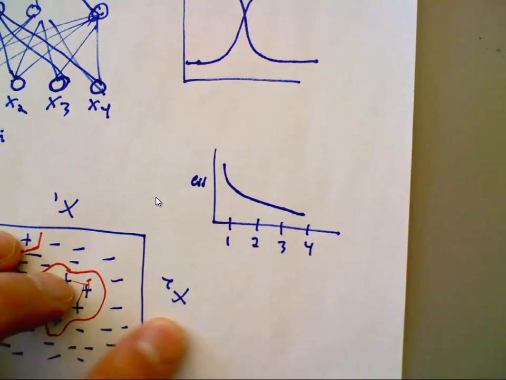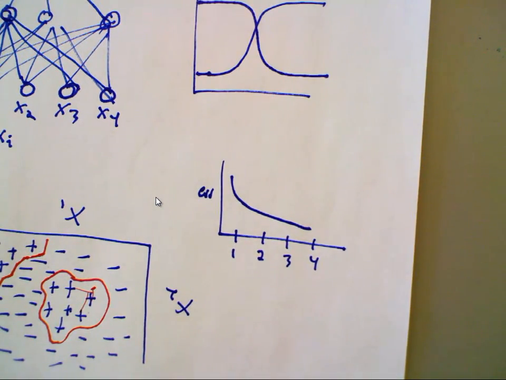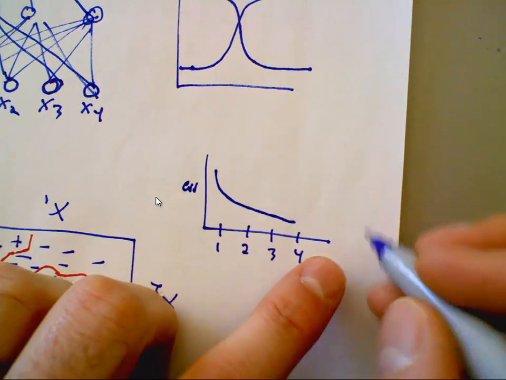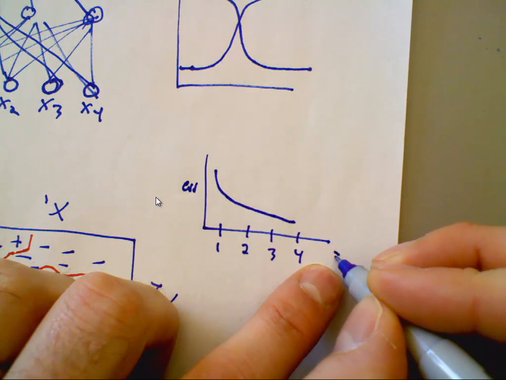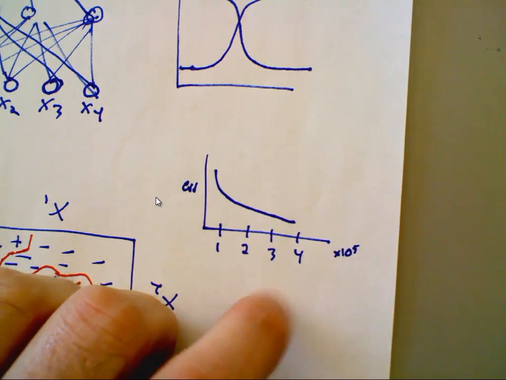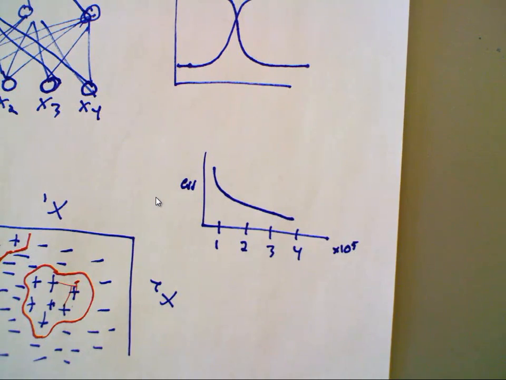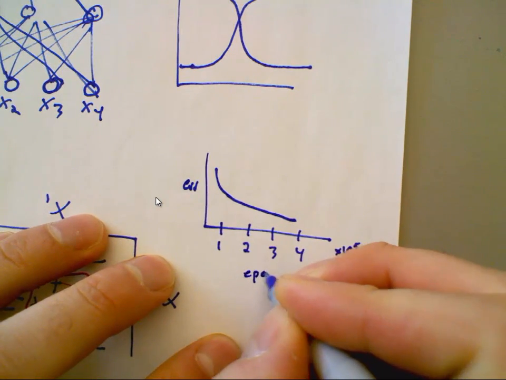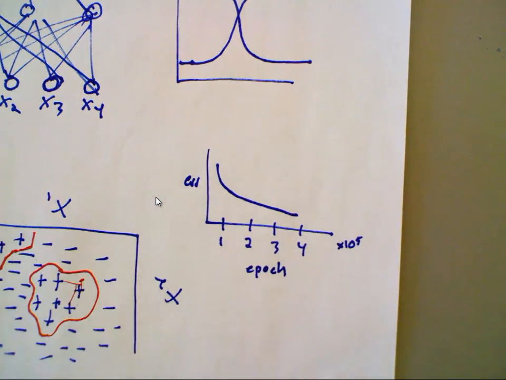And you'll be like, wow, okay, after 4 examples, you got error that low? And then over here on the edge, they'll have like times 10 to the 5th. And then you'll say, wow, it took you 10,000 examples to get the error low. But then no, what happens is they say this is called a training epoch, which is the number of times you have seen all of the training examples.